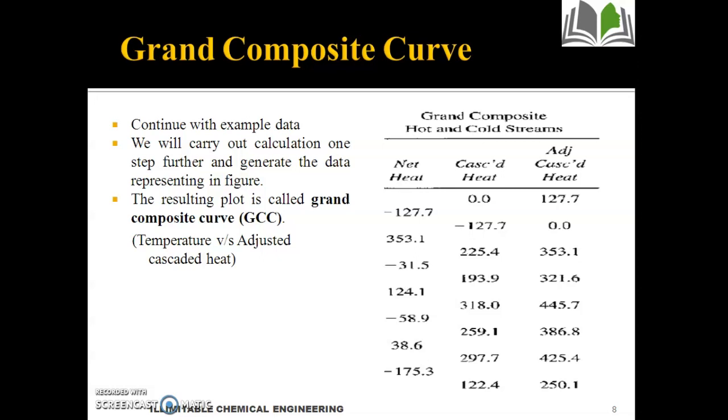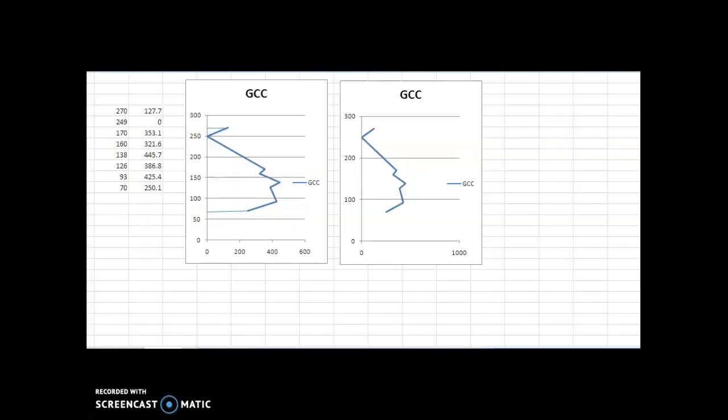Now that figure we will see in the Excel sheet. So this is the GCC curve, grand composite curve, drawn from the temperature versus the adjusted cascaded heat data. This is the profile it will give you. As one moves down on this curve, one can see for every temperature if the process is producing heat or consuming heat.